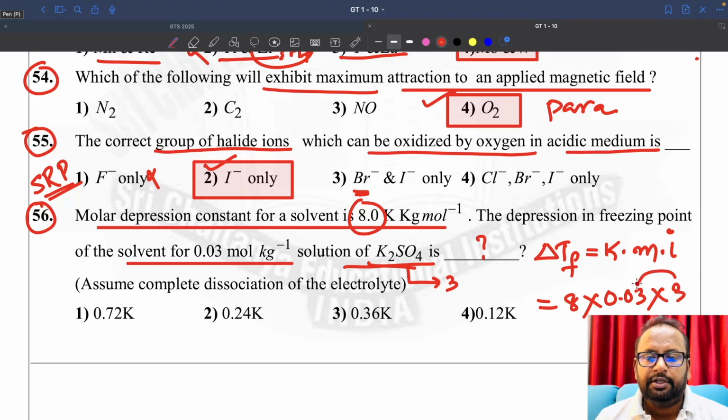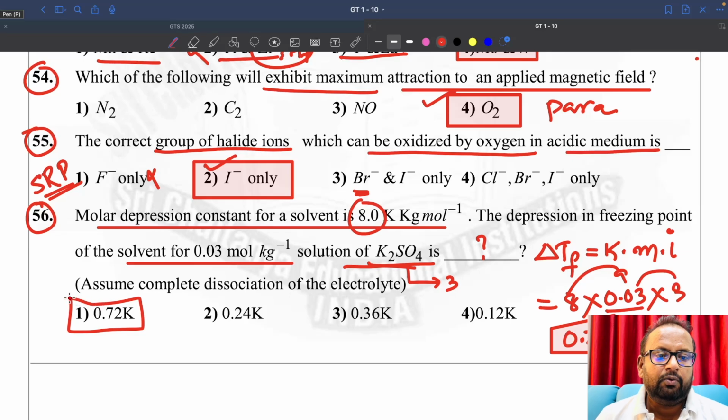So this will be 3 3s are 9, 9 into 8 would be 72. There are 2 decimals, so therefore answer is 0.72 Kelvin hoga. So that's the option number 1 is our answer for this question.